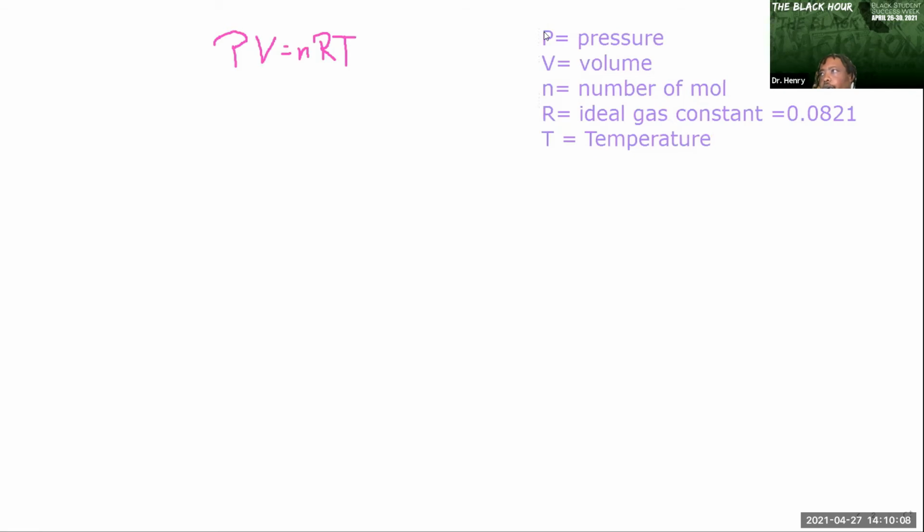The units for the ideal gas constant are atmospheres, and we want to make sure our units are harmonized, meaning they're the right units: atmospheres, liters divided by moles Kelvin.